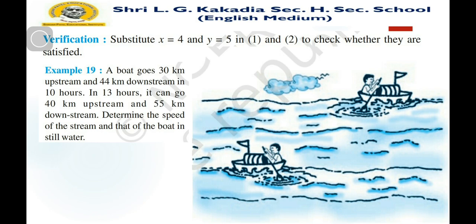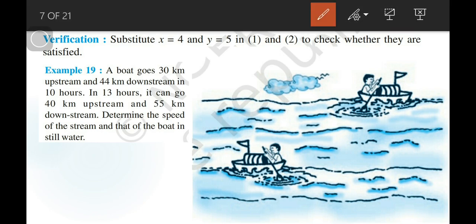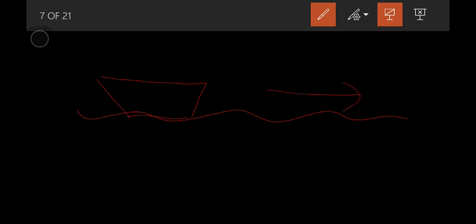So first, here it is given that in water, when the boat goes with the flow, means water is flowing in this direction and the boat is also going in this direction. Now let us assume that the speed of the boat is x.